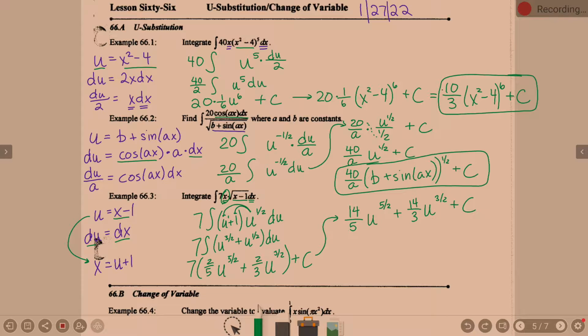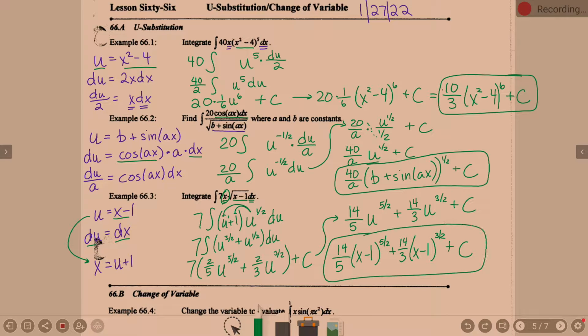That's just distributing the 7. Then if I put my u value back in, 14/5 times x minus 1 to the 5/2 plus 14/3 times x minus 1 to the 3/2 plus c.